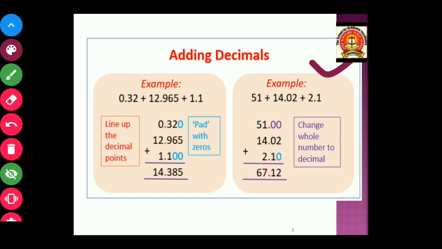Why 2 zeros only? Because here 14.02 has 2 decimal places, and that is the maximum in this case. So 51.00, 14.02 and 2.10. Now the number of decimal places got equal. So you just need to add like a regular addition, and the decimal you have to line up as it is.